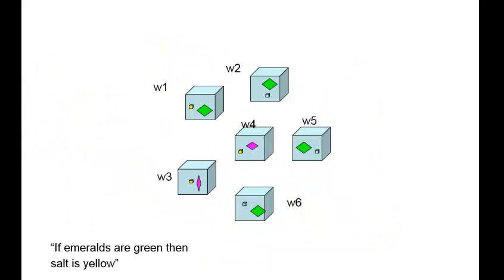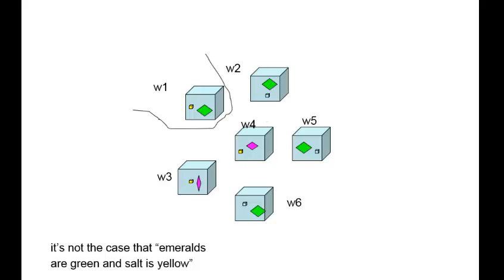Let's continue. How about emeralds are not green and salt is yellow? How about it's not the case that emeralds are green and salt is yellow? So where is it not the case that emeralds are green and salt is yellow?